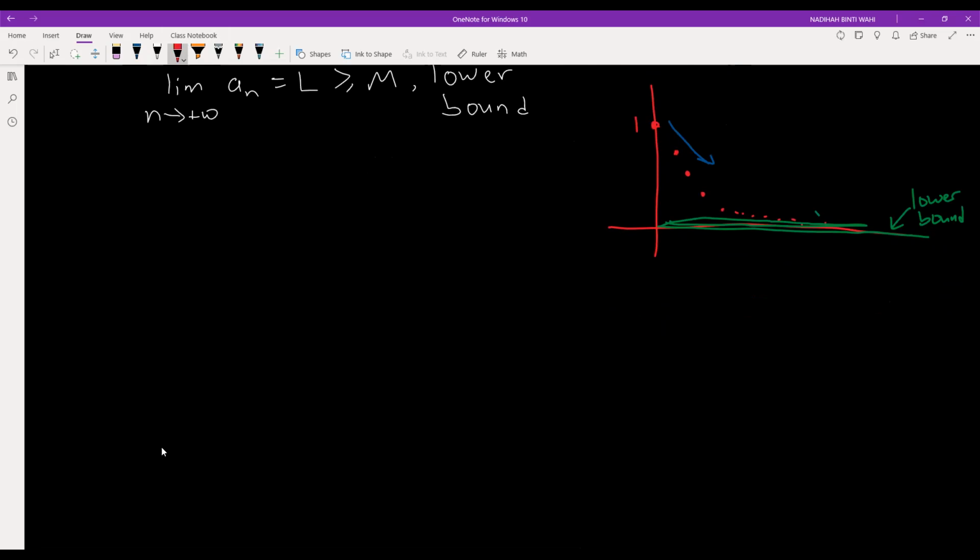For example, if I have something like this, starting like that, because this is increasing, it might go to something like a roof. It might go to something underneath that. There might be a roof, or there might not be a roof. So this is the upper bound.